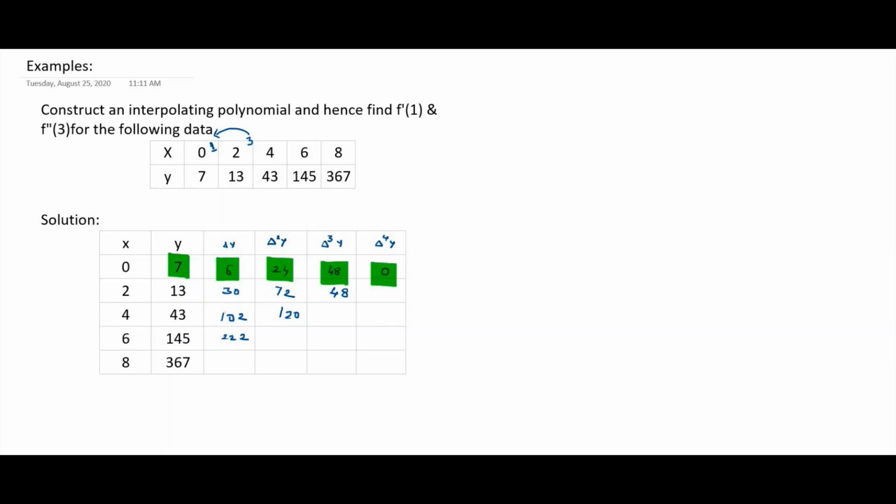They are called the leading forward values. So I will write here, this is the value for y naught, this is delta y naught, next 24 is delta square y naught, 48 is delta cube y naught, and this 0 is delta raised to 4 y naught.